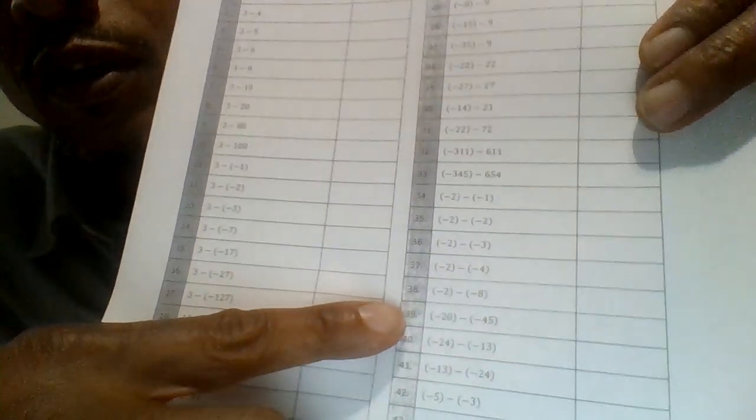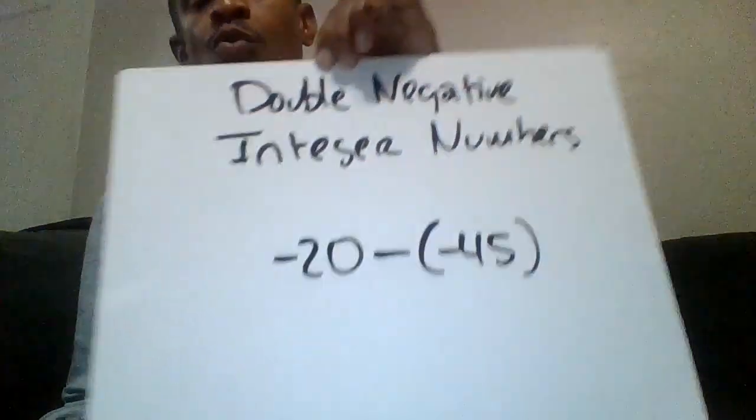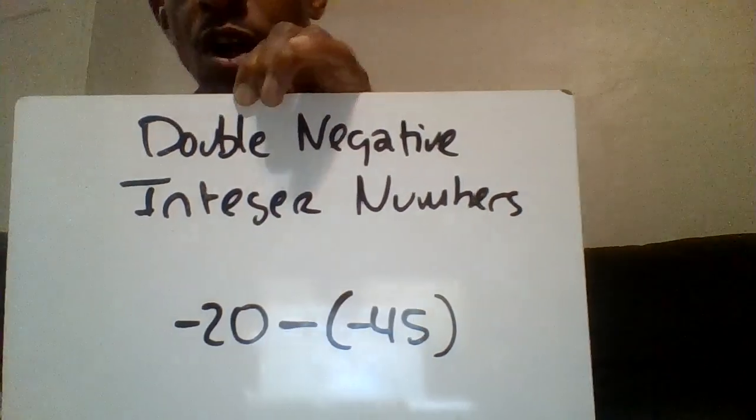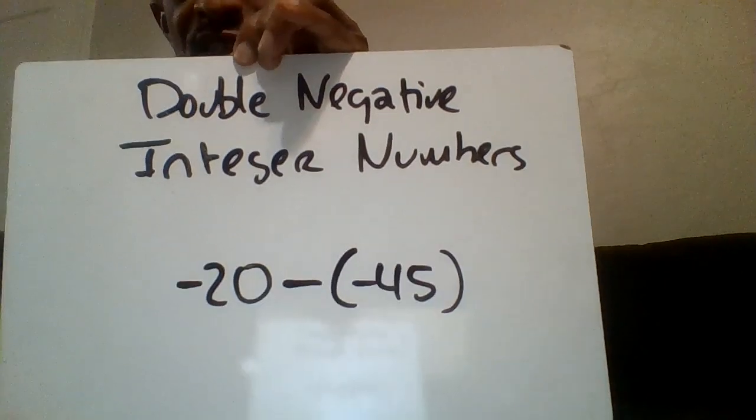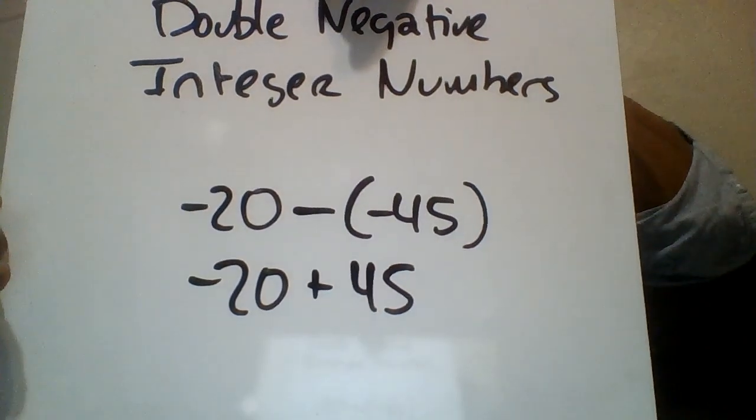Kind of big numbers, okay? So 39 has negative 20 minus negative 45. If we remember the rule, sort of like the algorithm, or whatever you want to call it, when we see double negatives, it instantly becomes positive. And I talked about the thinking behind it. We're just going to go ahead and apply the strategy without worrying about the conceptualization. So notice here, now I have negative 20 plus 45.